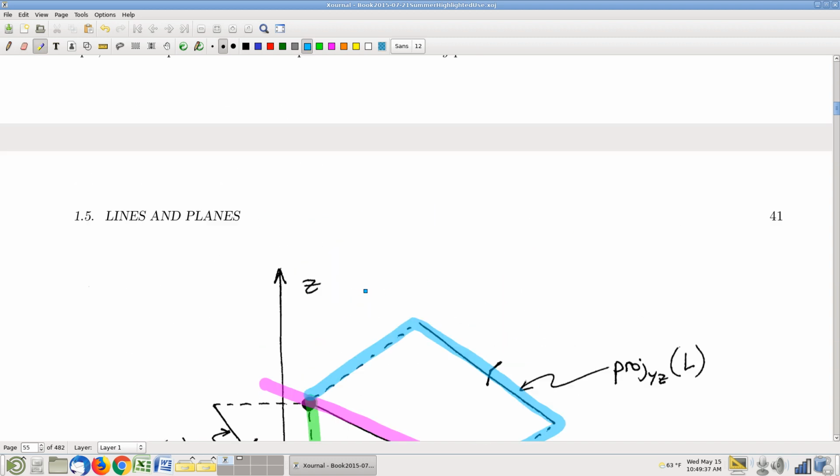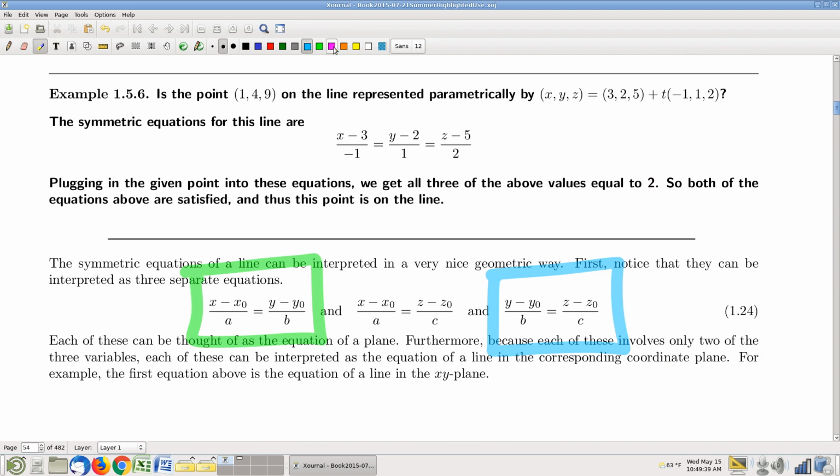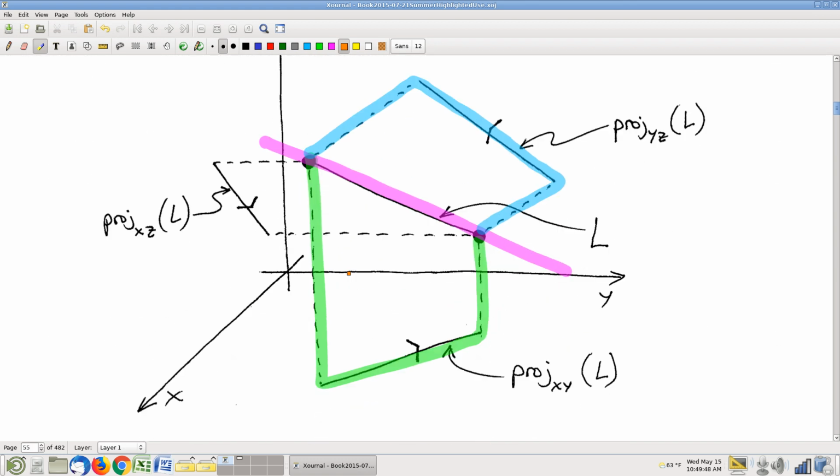And analogously, this one with the x's and the z's gives you the XZ shadow.